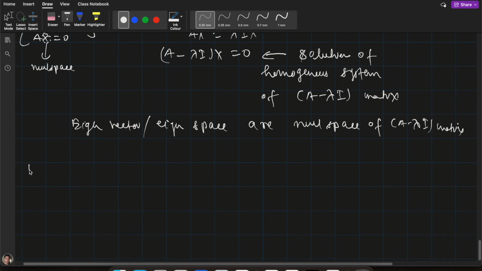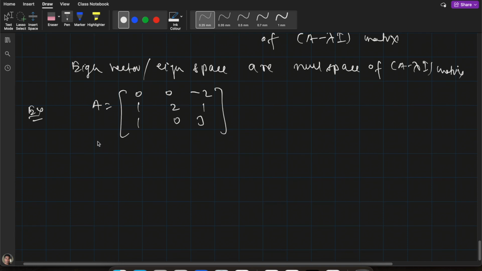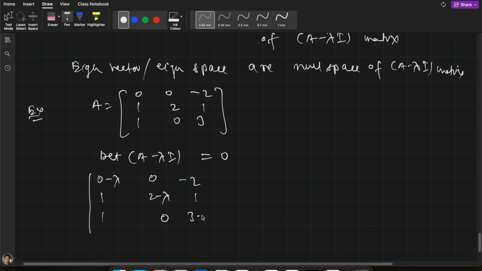Let's take an example. I have a matrix A equal to [0, 0, -2; 1, 2, 1; 1, 0, 3]. So what is the characteristic equation? The characteristic equation will be the determinant of A minus lambda I equal to 0. So I have to write the determinant of [0 minus lambda, 0, -2; 1, 2 minus lambda, 1; 1, 0, 3 minus lambda] equal to 0.